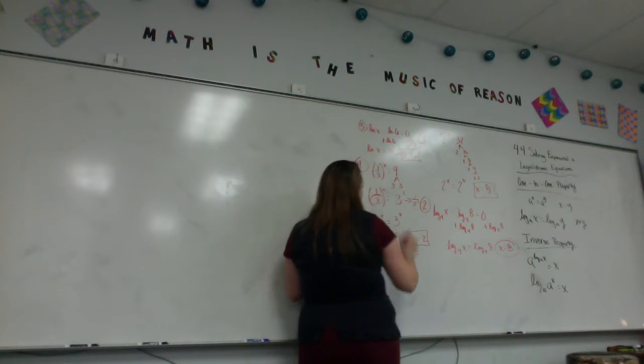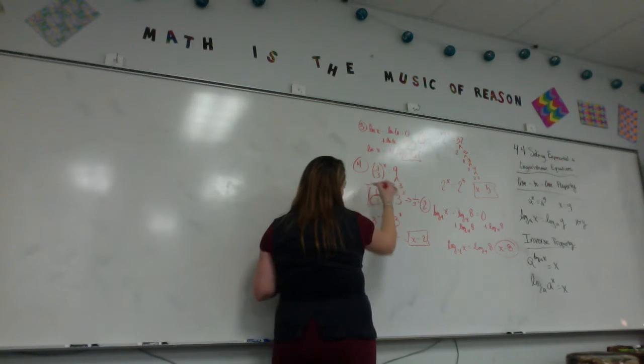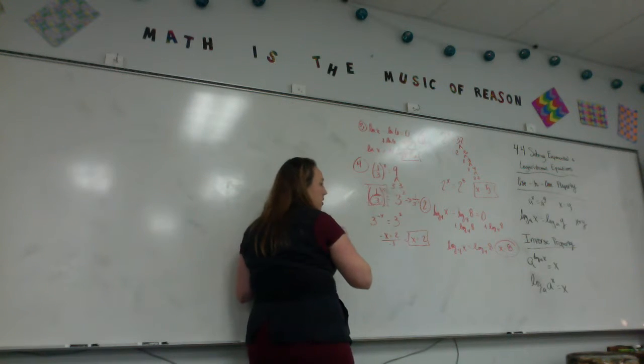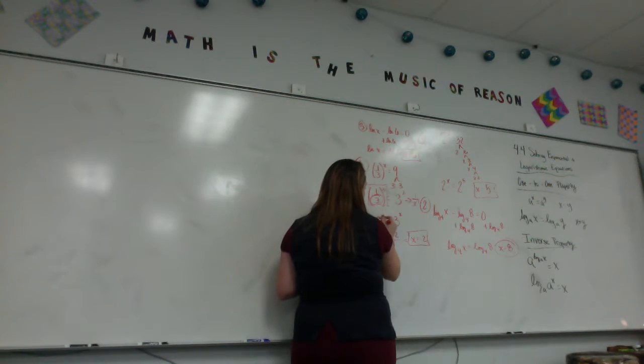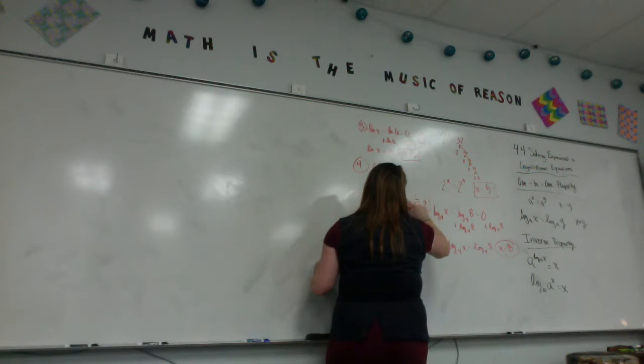This is still just 1/3. So I have to flip this one so that the bases are the same. Once I flip that, this exponent becomes negative. This base and this base are the same, so they cancel. Negative x equals 2, and then I divide by that negative 1 to get what x equals. So I have to work it backwards.